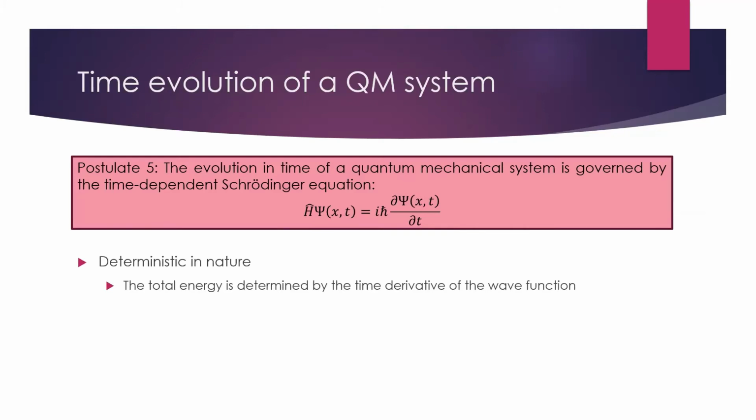And so this function is deterministic in nature, which is what we expect. That means once you have a particle, it does something predictable as a function of time, like dropping an object in a gravitational field. But again, this only applies in the absence of a measurement. If you do a measurement, that's going to change the wave function. And again, we're mostly going to consider functions that do not depend on time, and our focus will be on the time-independent Schrodinger equation and the first four wave functions.